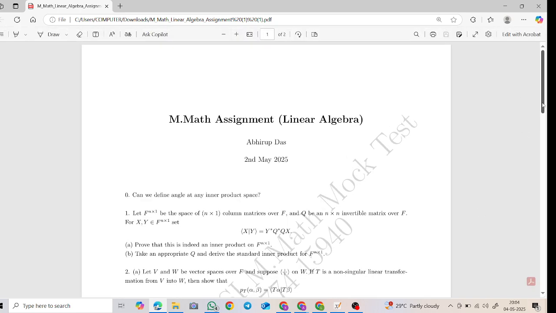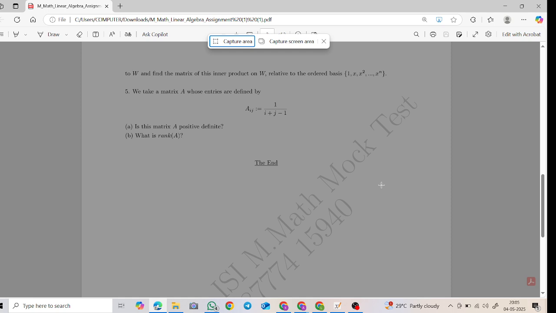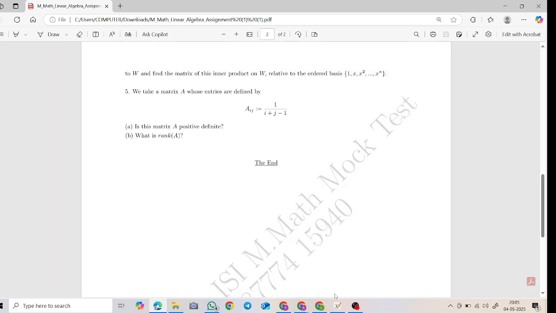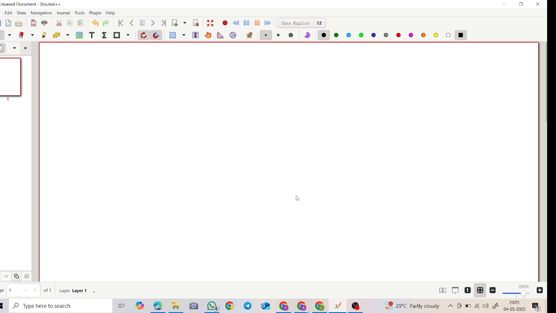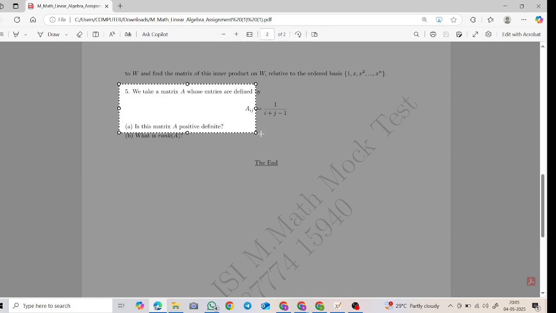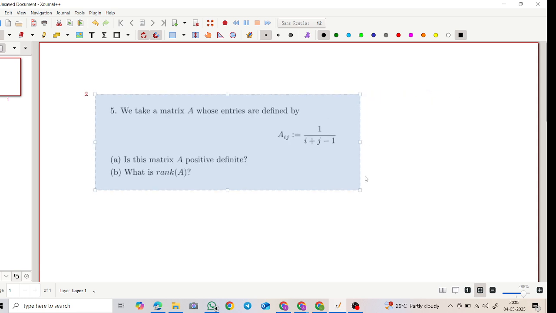Let's just keep our fingers crossed so that we can complete this session without much of a hazard. At last, okay, so this is our central problem.